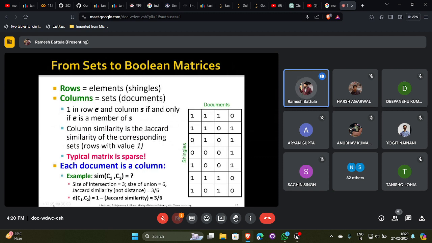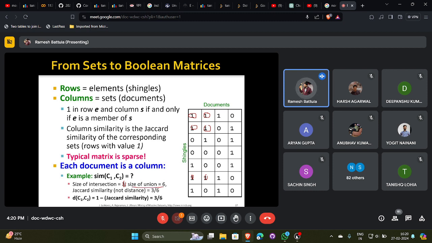Anybody can observe over here how we can write the intersection. Here one is there, here one is there, here one is there, and here one is there. So the intersection portion is going to be 3.